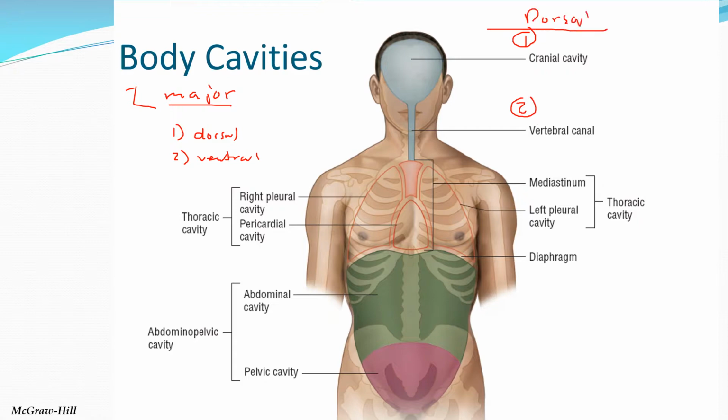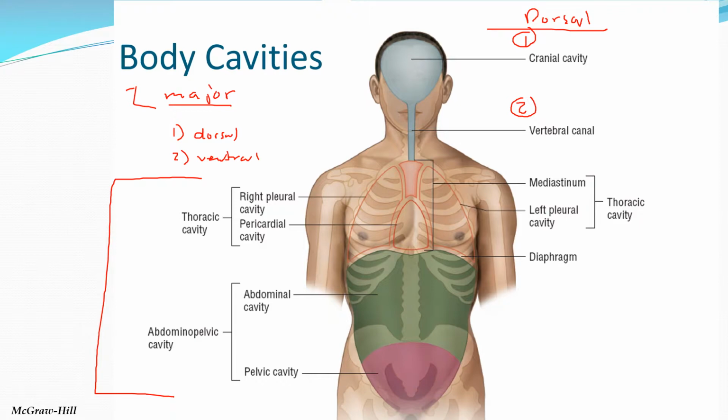So the dorsal cavity on the back side, just where your brain is, your brain case, and your vertebral column. That's it. That's the easy one, the dorsal cavity. The other cavity is going to be all of this stuff here. That's the ventral cavity in the front.